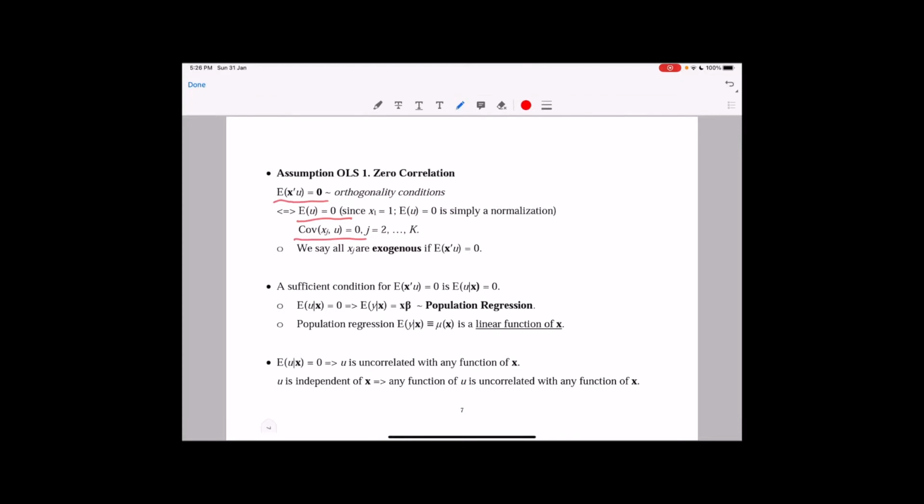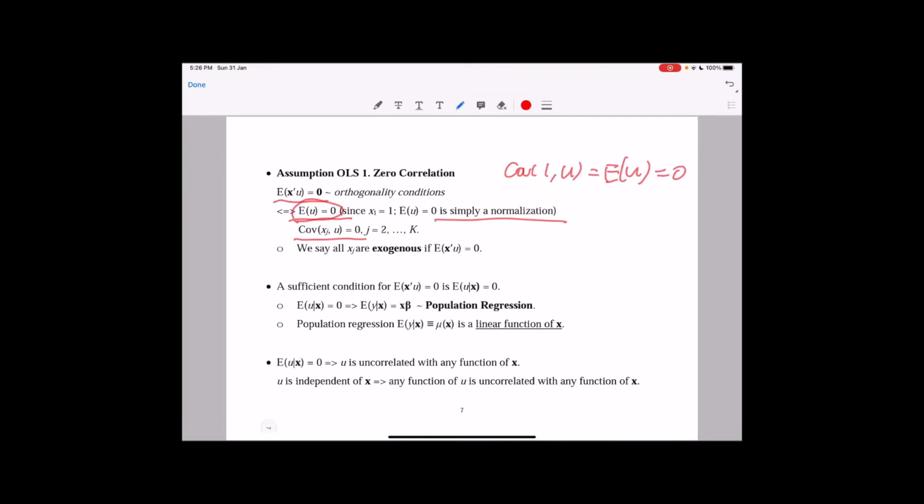Note that E[u] equals 0 is actually not a restrictive assumption. It is simply a normalization. Because the first component is 1, the covariance of 1 and u becomes E[u], and we need that to be 0. It's actually a normalization.